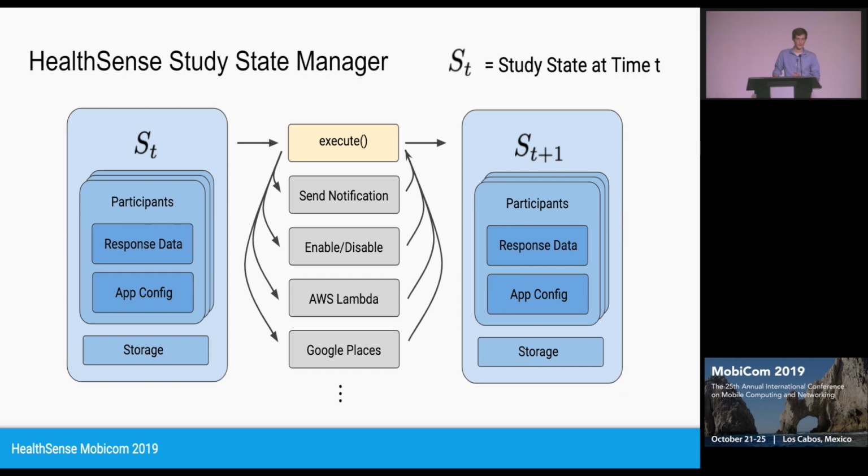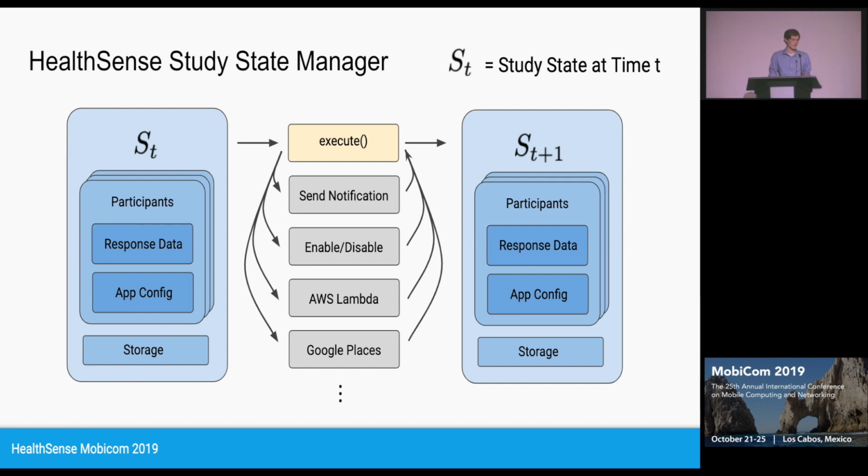So just to make this a little more concrete, every trial can be thought of as an initial starting state and some combination of features, such as sending notifications, enabling or disabling sensors, sending or using remote computational pipelines such as AWS Lambda, or accessing external third-party APIs like Google Places.